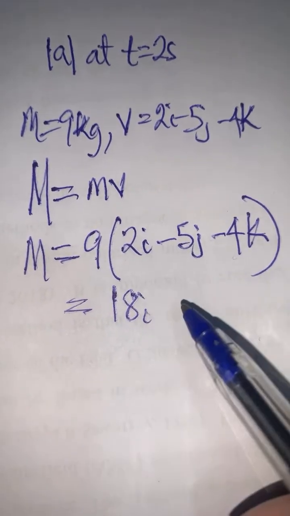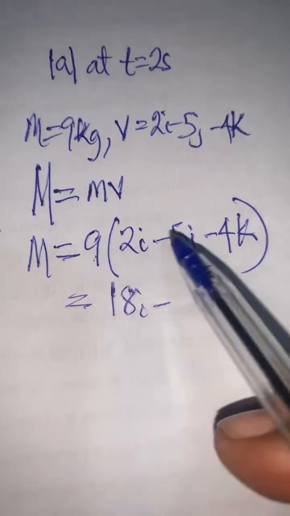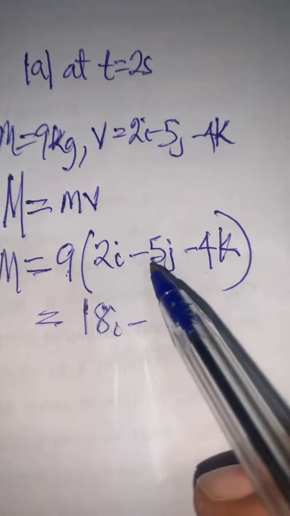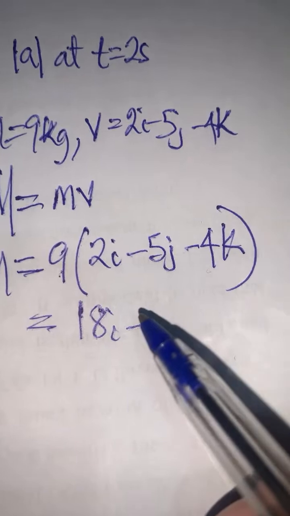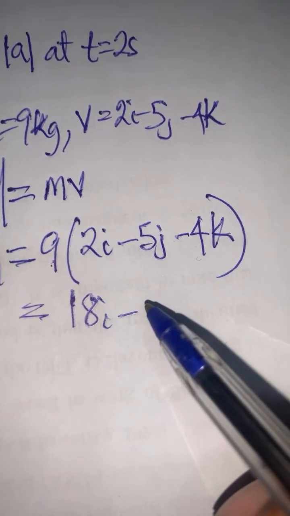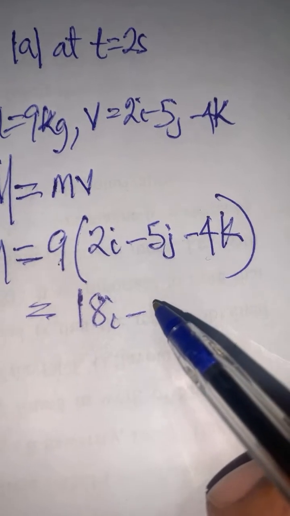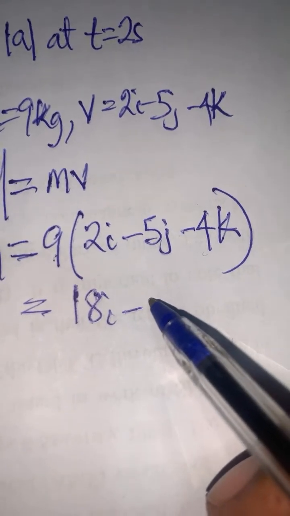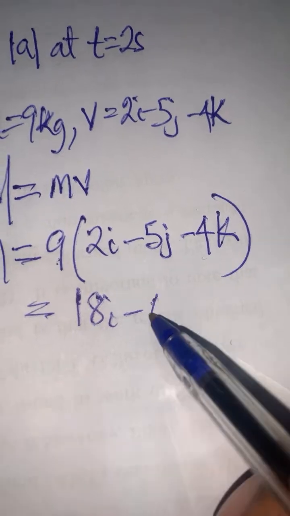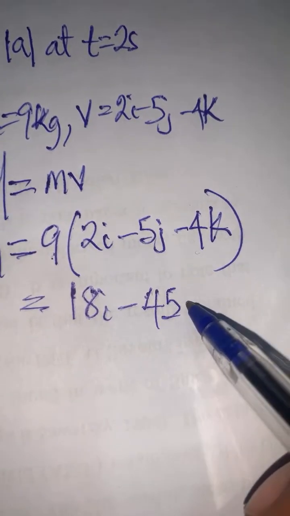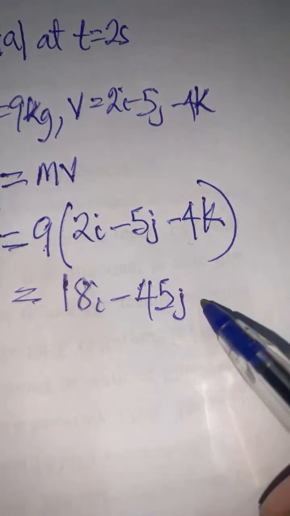9 multiplied by 2, what do we have? That's 18i minus, if 9 multiplies by 5, let's do that quickly. 9 by 5, should that be 45 or thereabouts? What is 9 by 5? Is that 45 or 40? Somebody should help us right here. I think that should be 45. Let's put it down. That's beautiful.